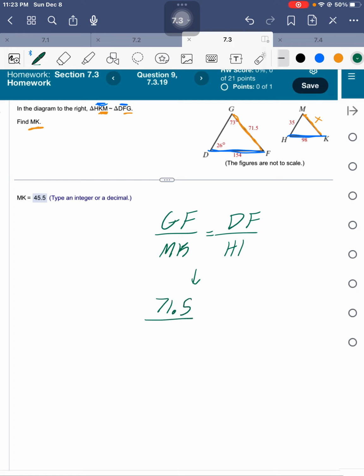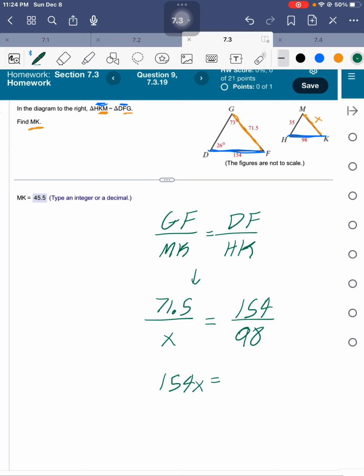What is GF? We already established GF is 71.5. MK is x. DF is 154. And, oh, whoops. Was I supposed to put HK? Yeah. HK is 98. So let's cross multiply.